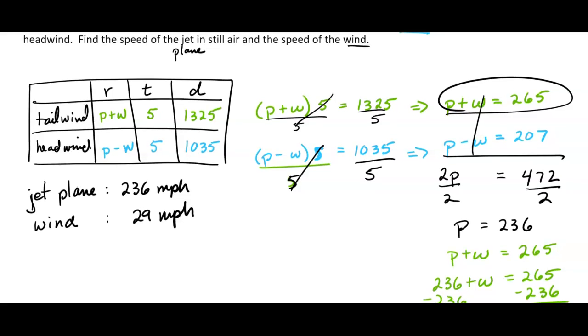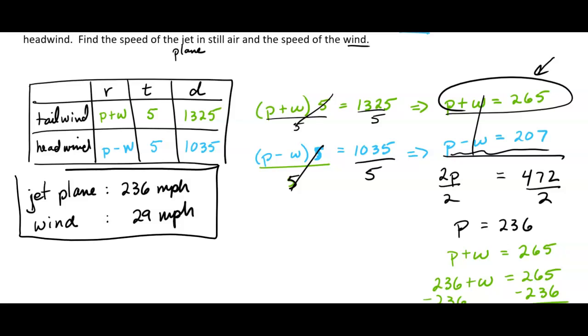It said find the speed of the jet in still air and the speed of the wind, and we did it. Now, a little check here. If you add those together, you get that 265. But what if you subtract the plane speed minus the wind? Do I get 207? And I do.